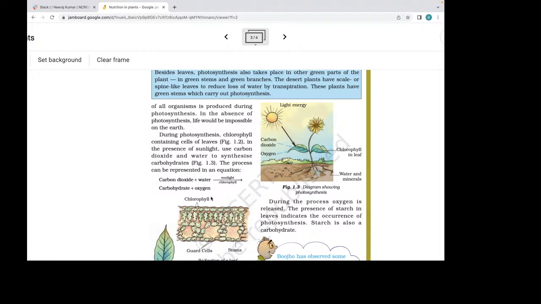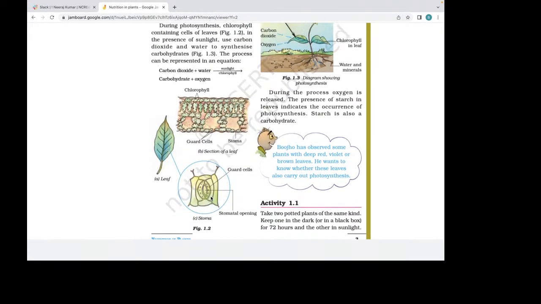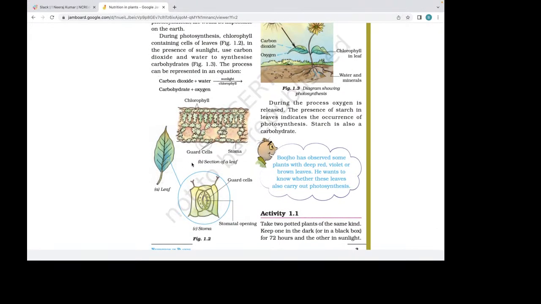So you can also see a figure which shows the leaf. Here is a section of leaf in which this is stoma, these are the guard cells.